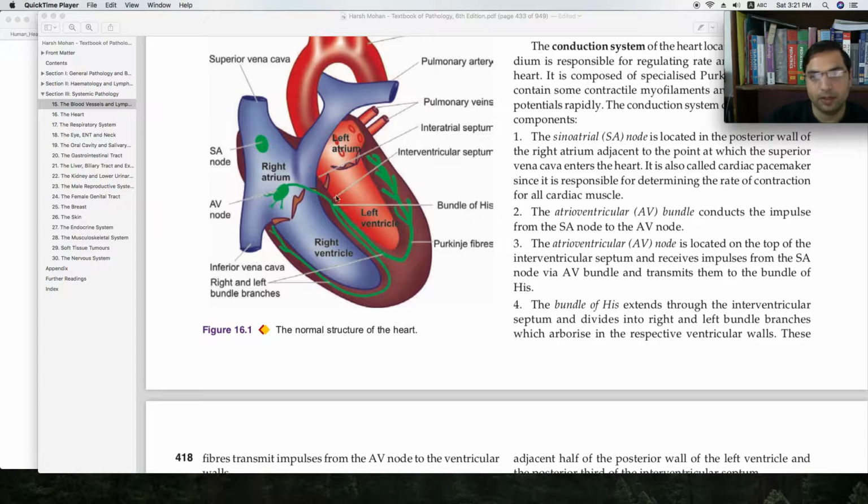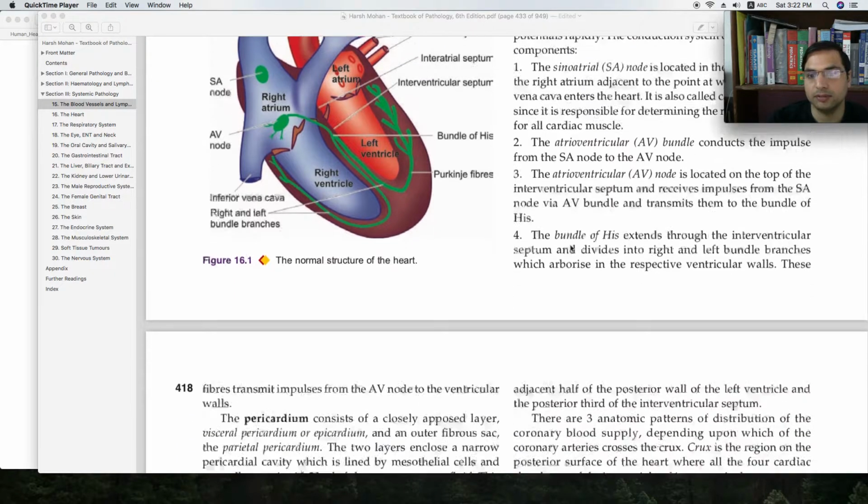It receives the impulses from the SA node, and from here it transmits through the bundle of His. The bundle of His divides into the right bundle branch and left bundle branch, and into Purkinje fibers, and they give the electrical signal to the heart, right.